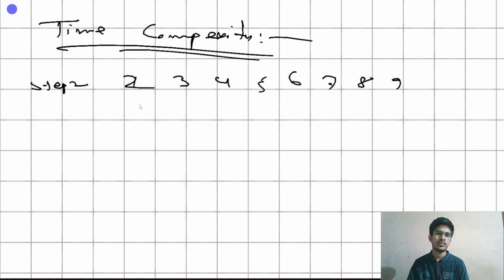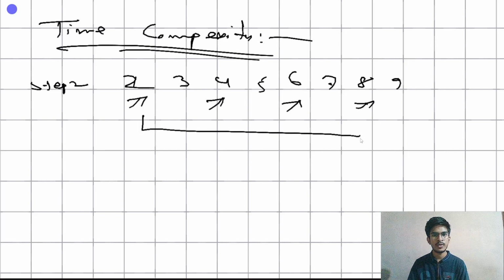We compare here and here, and we have done 4 iterations. Step 2, 4 iterations. 1, 2, 3, 4.